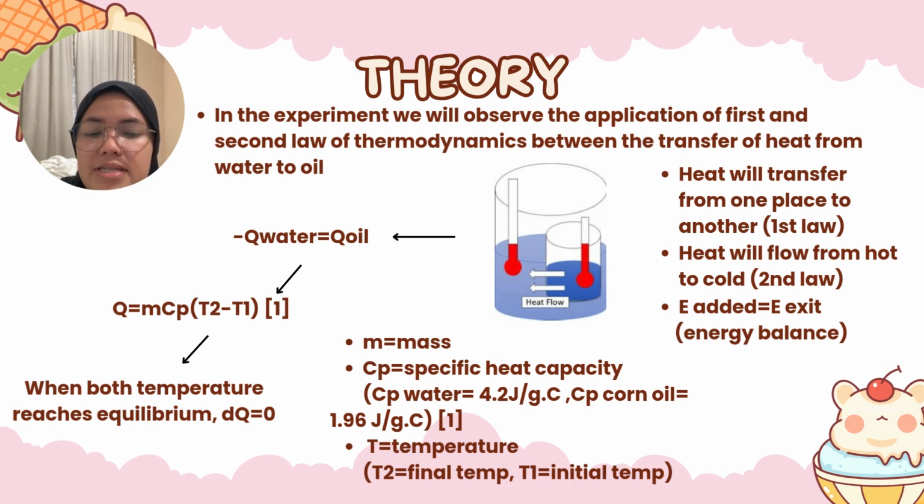Heat transfers from one place to another according to the first law, and heat flows from hot to cold according to the second law. E added is also equal to E exit, which is an energy balance.